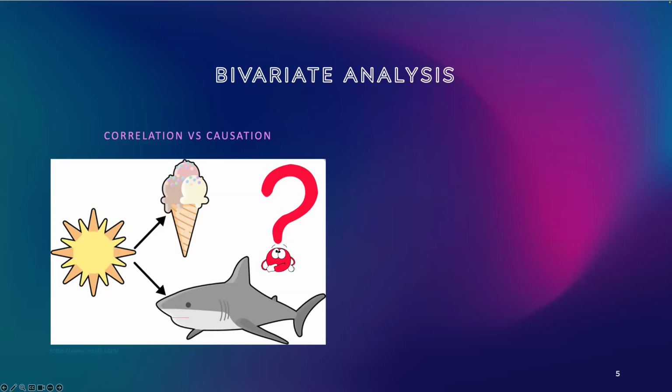Now let's look at what kind of plots we can have here that are mostly used in this bivariate analysis. So a scatter plot, for instance, helps to visualize the relationship between two continuous variables.